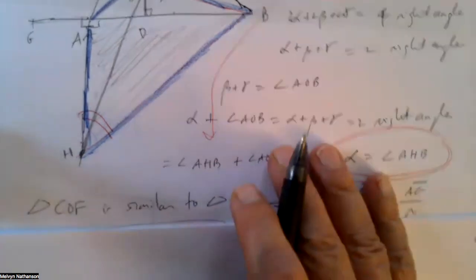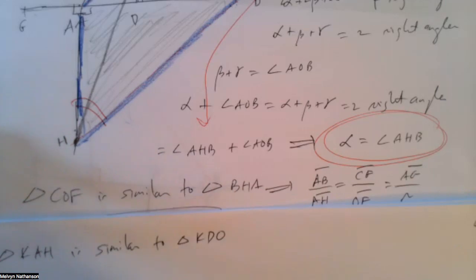We're going to work out two more ratios from the fact that triangles are similar. So the triangle KAH is similar to triangle KDO.